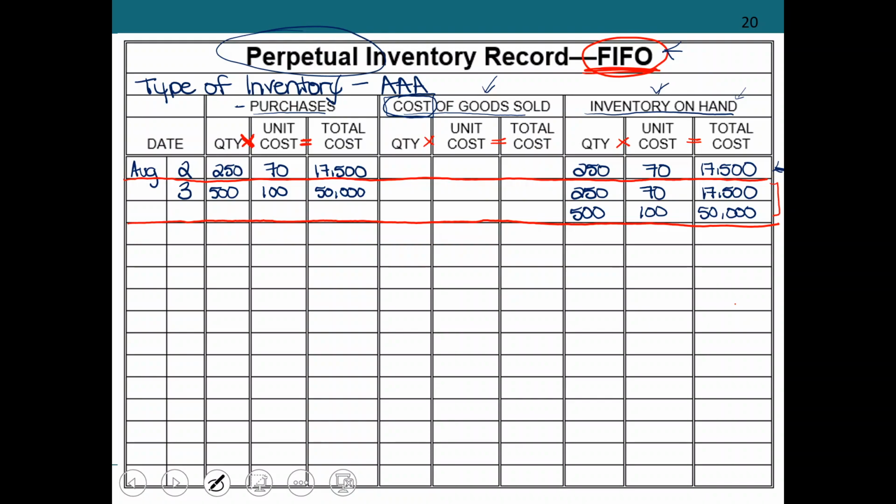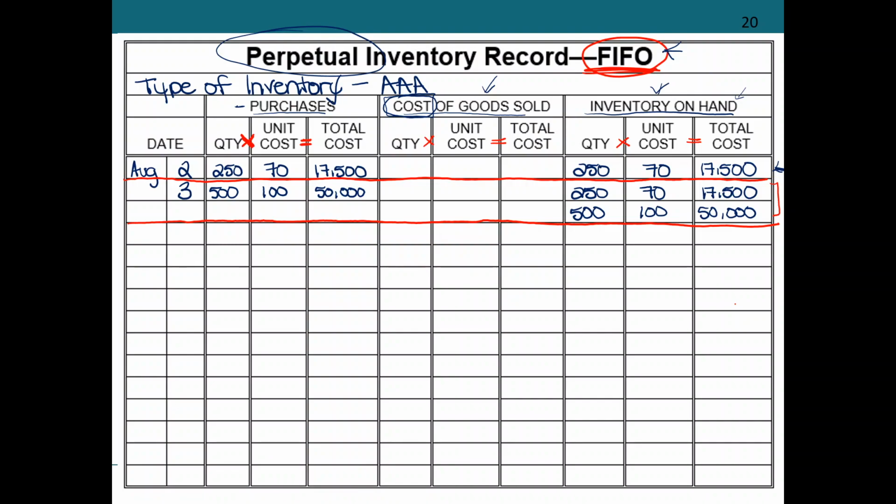And I know someone's probably wondering, well, do we have to write the $250 at 70 again? And yes, to get full marks as you're doing this, you need to be writing these down every time that we have a new transaction. Okay, so we have these 2 purchases. We need to track the 2 costs separately.